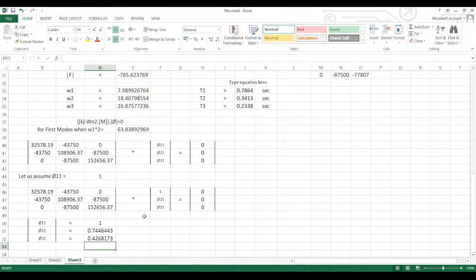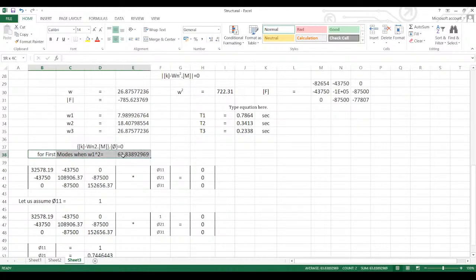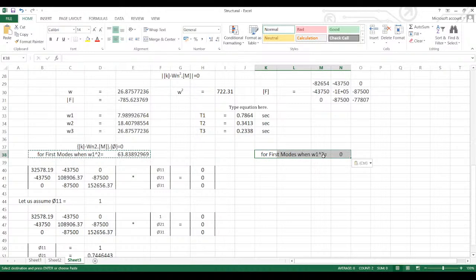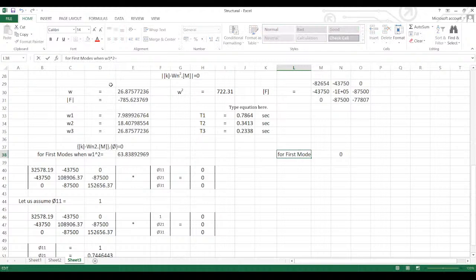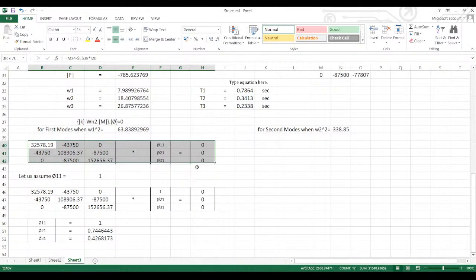Again, we have done this for the first mode, and again we do it for omega 2, for the second mode. Now for the second mode, omega 2 is equal to 331. These values are similar.